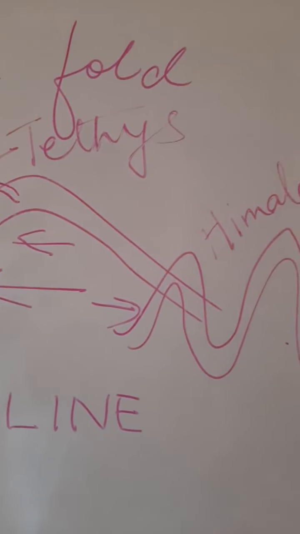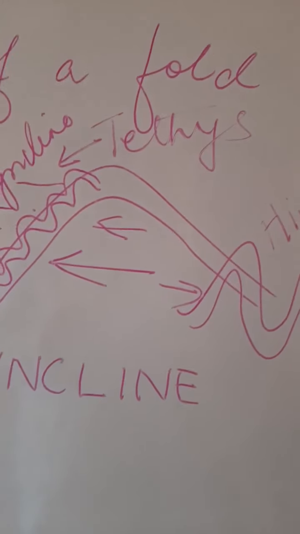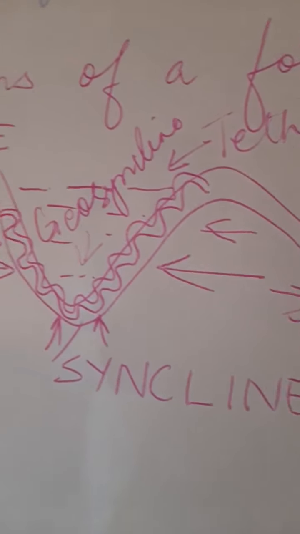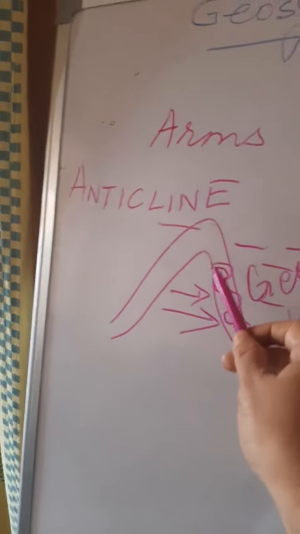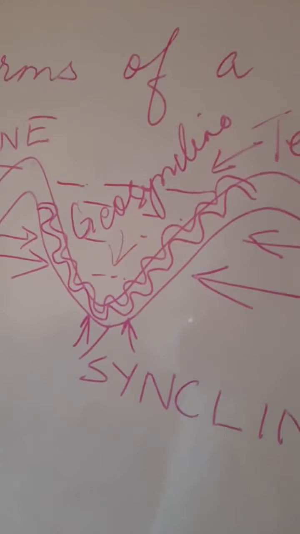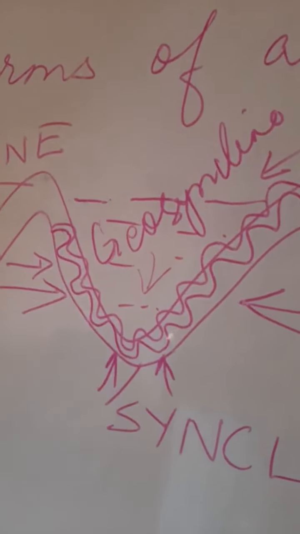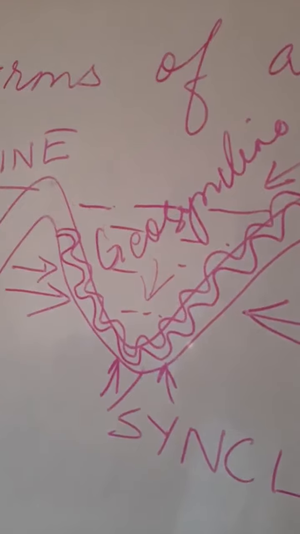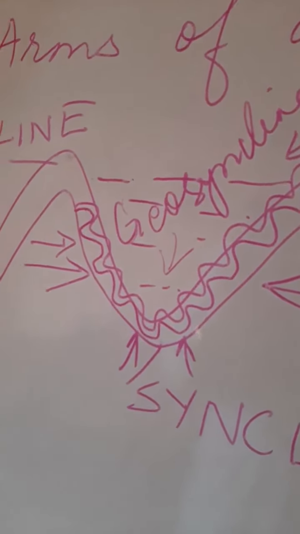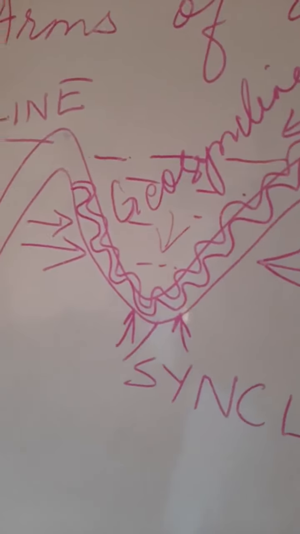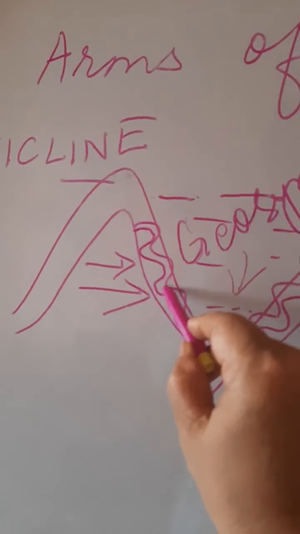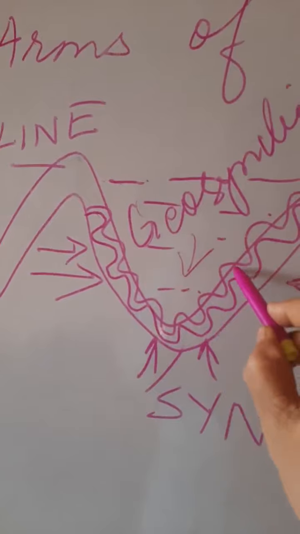So I think, children, it's clear what a geosyncline is. A geosyncline is a deep depression occupied by thick sediments. The thick sediments form as a result of deposition by the sea. It will always form under the water of the sea, and the thick sediments get compressed in this way.